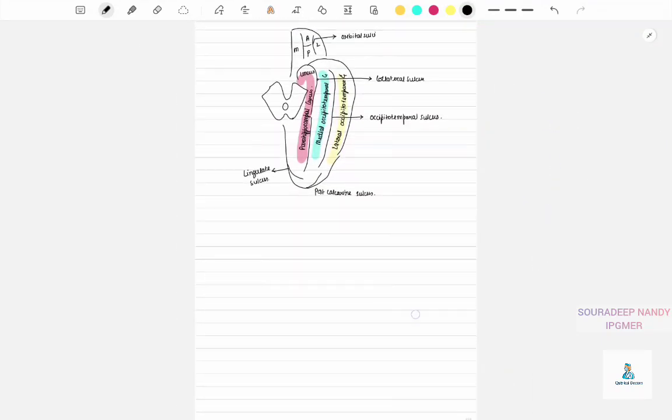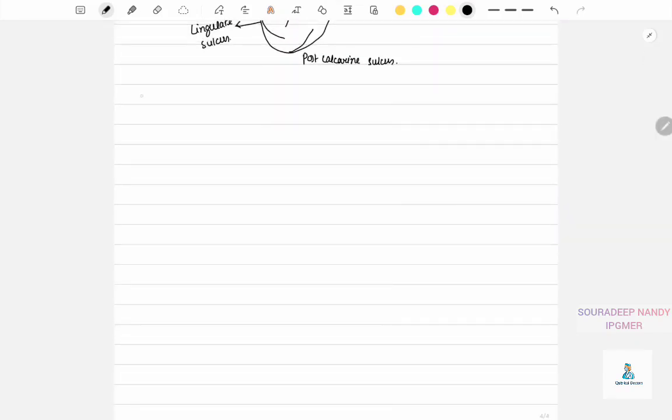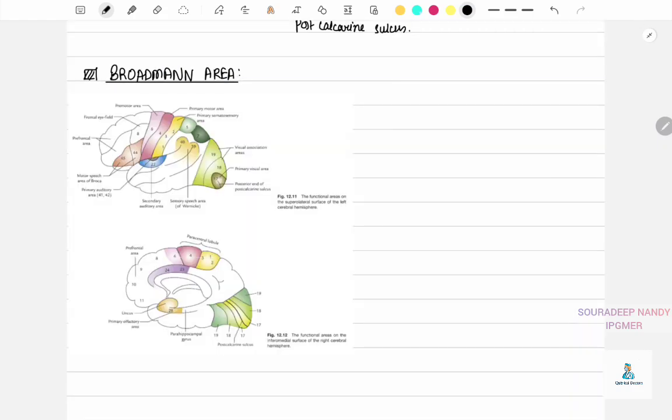Now let us move and discuss the various Brodmann areas or the functional areas of the brain. Basically the Brodmann areas denote the functional areas of the cerebral cortex.